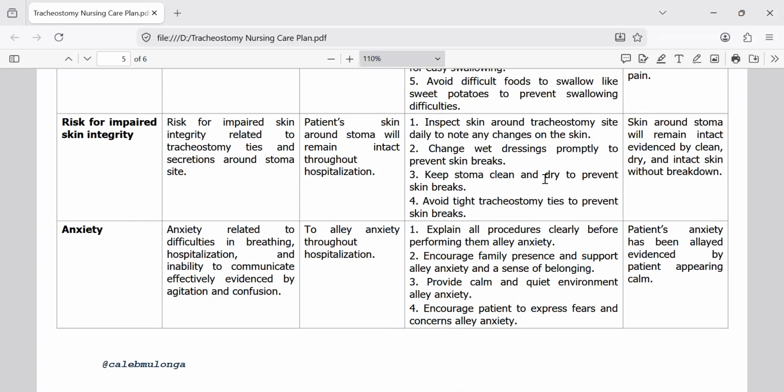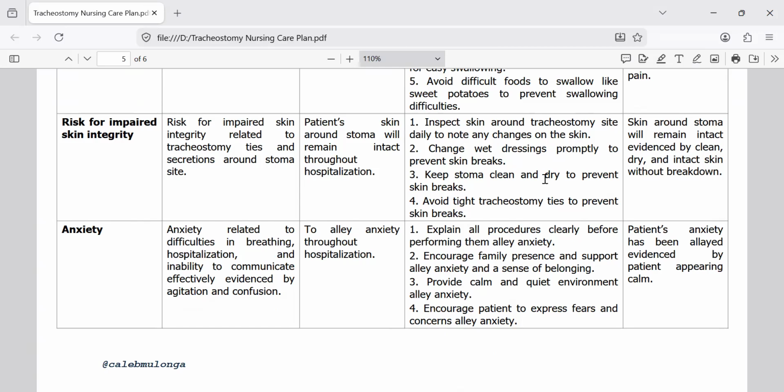Number one, I will explain all procedures clearly before performing them to allay anxiety. That is very clear. So you have to explain all the procedures to be done on the patient to allay anxiety. Number two, I will encourage the family presence and support to allay anxiety and promote a sense of belonging.